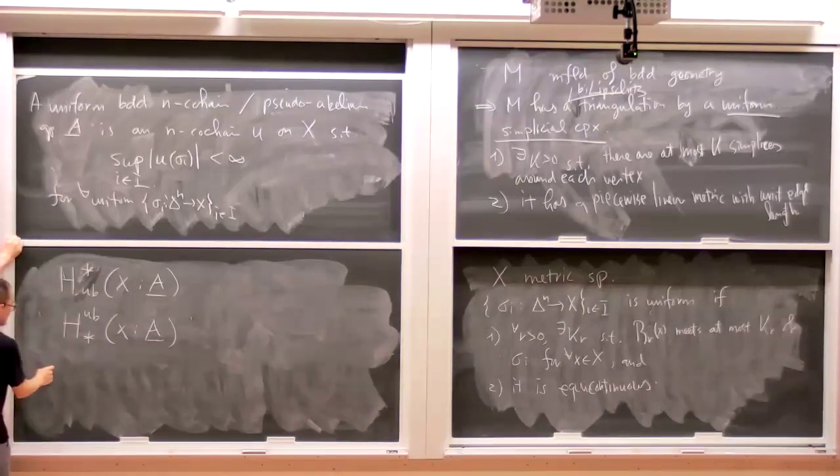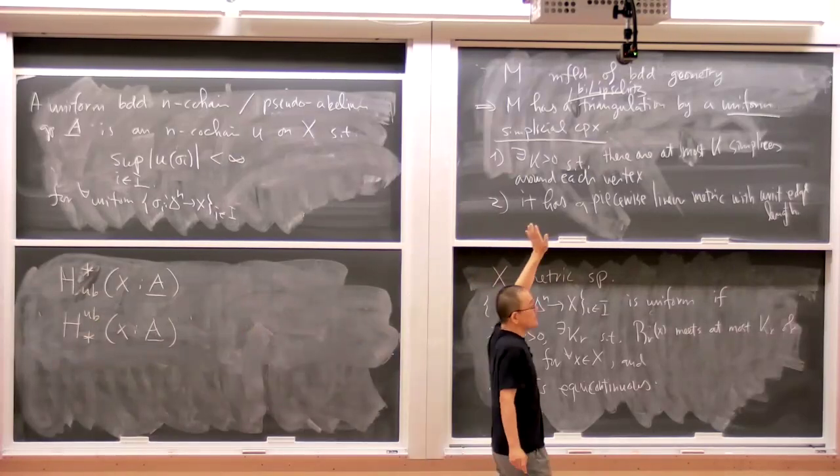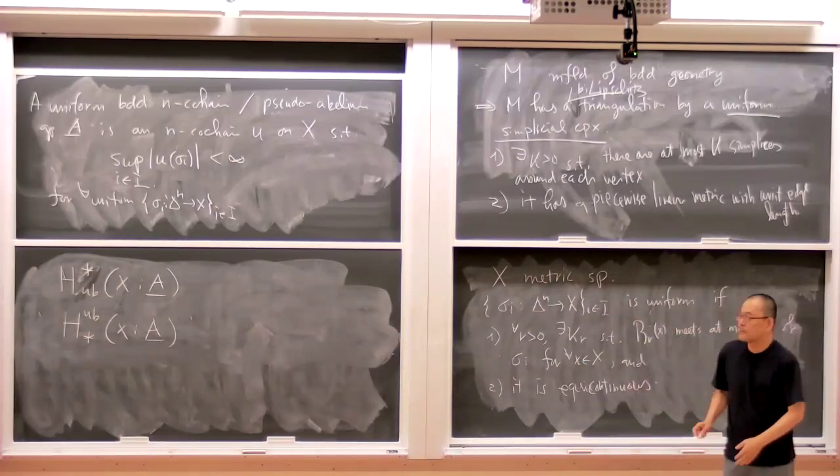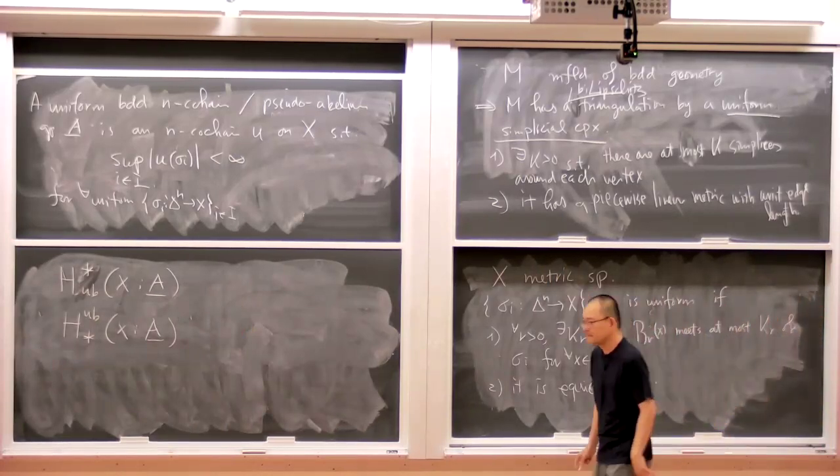The important point is that as far as we consider uniform bounded cohomology and homology, we can identify any manifold of bounded geometry with a uniform simplicial complex.